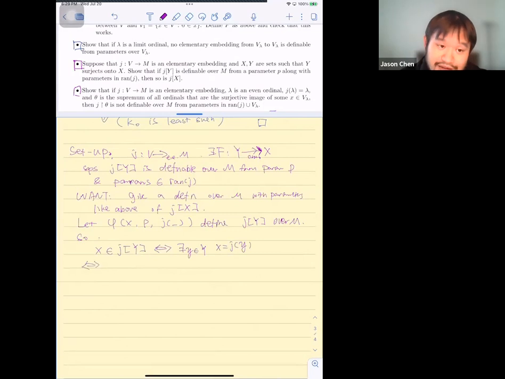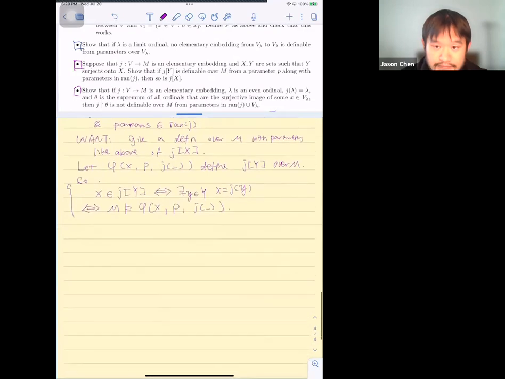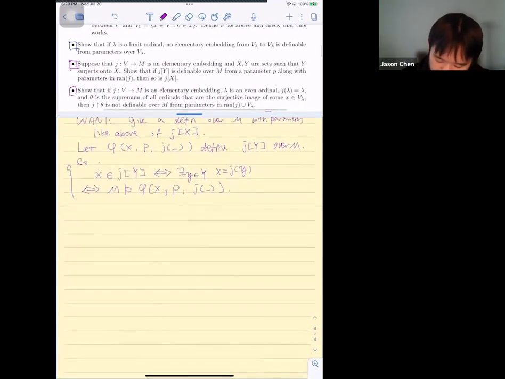And then by our definability assumption, this holds if and only if M satisfies this formula when you plug in X. Okay. So we have this. And then you use F. So here's one, I guess, motivational point, or what you might want to call it, general lessons or rule of thumb.